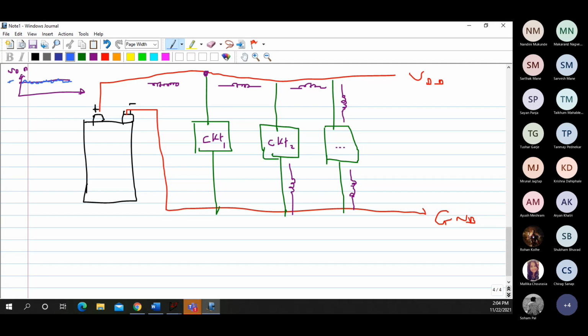It is more or less flat only, but we don't know which circuit will switch when, because there are many circuits which will be requiring VDD and ground. So it creates a ripple on the VDD line, and this ripple is also called power supply bounce.